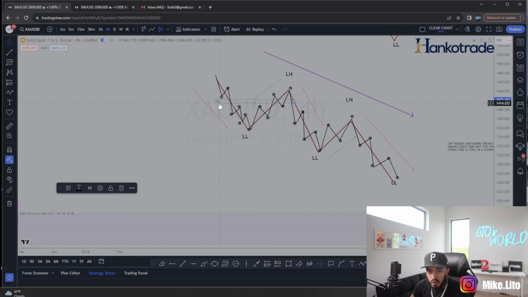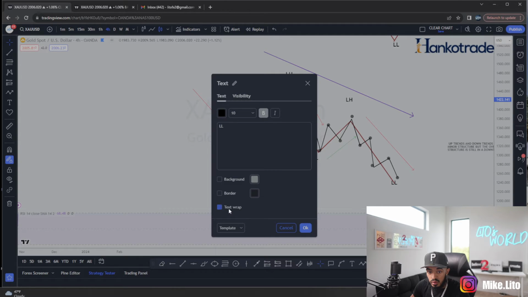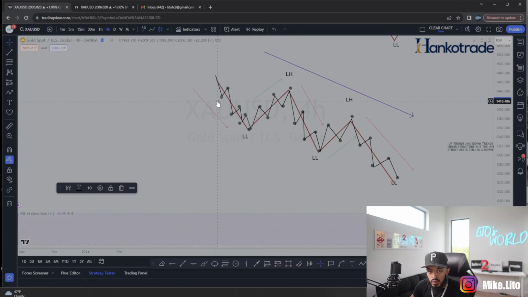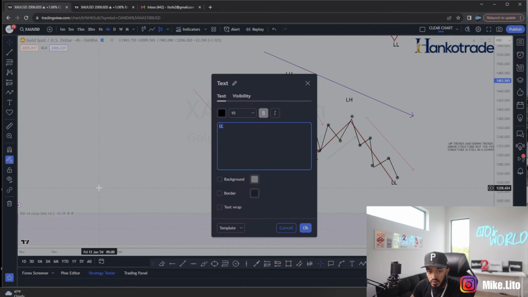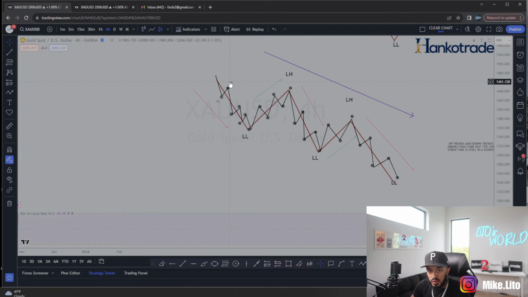Here we're forming lower lows and then lower high points. So let's change this to a lower high. Boom. Now I have lower lows and lower high points being formed on the minor structure of this overall 1-hour trend. But it's all inside of the major structure move, which is an overall downtrend.